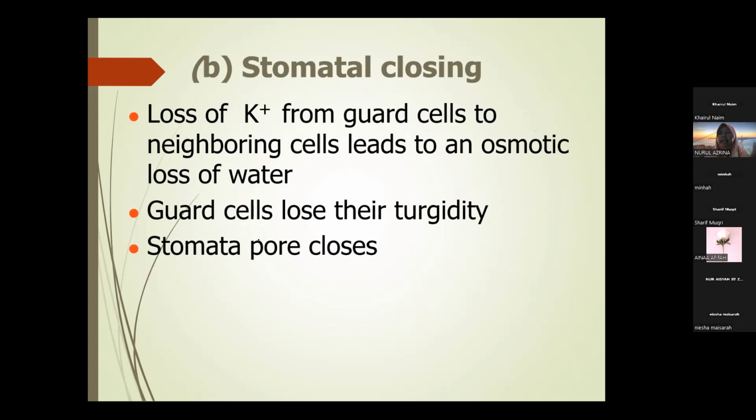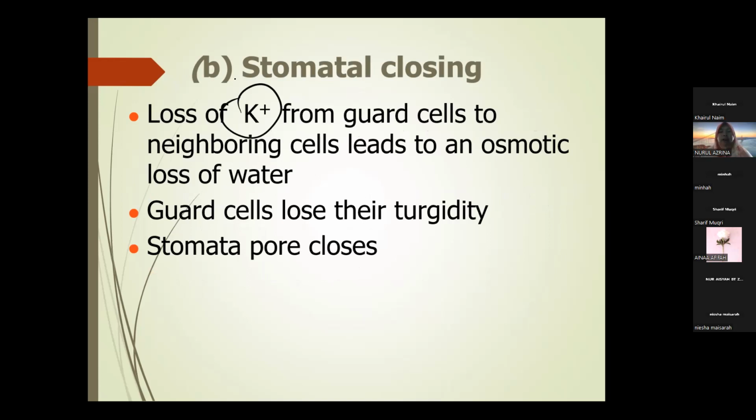It is already open, so what is the mechanism for closing? Okay, so stomatal closing is again related to the potassium ion, one of the contributing factors of stomatal closing is loss of potassium ion. So earlier potassium went in, now potassium goes out, right?